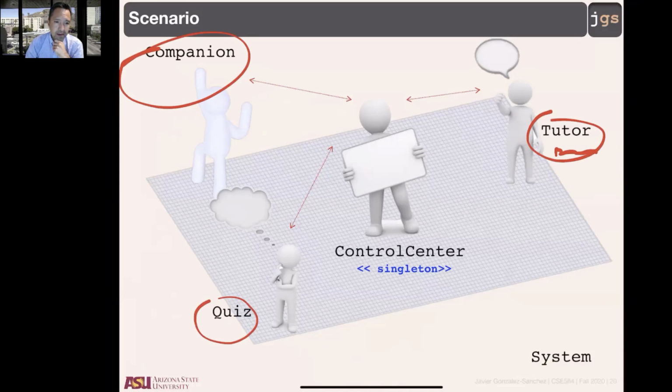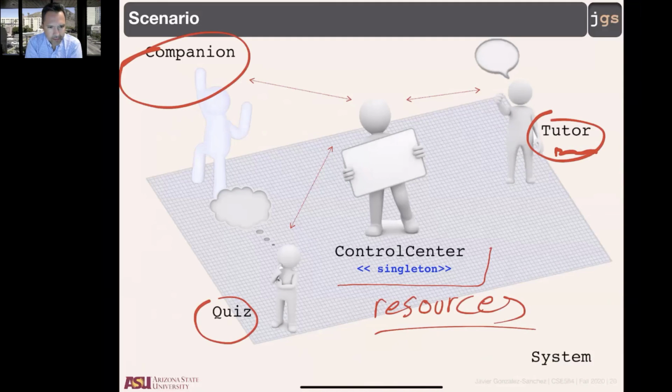Sometimes, several times, you are going to need someone that is going to be the manager of the system. Someone that is the one controlling the resources. Someone that is controlling the access to the database. Someone that is controlling the access to the ASU system for your grades. Someone that is the interface for something. Someone that could be, in some cases, the graphical user interface. We're going to talk about it.